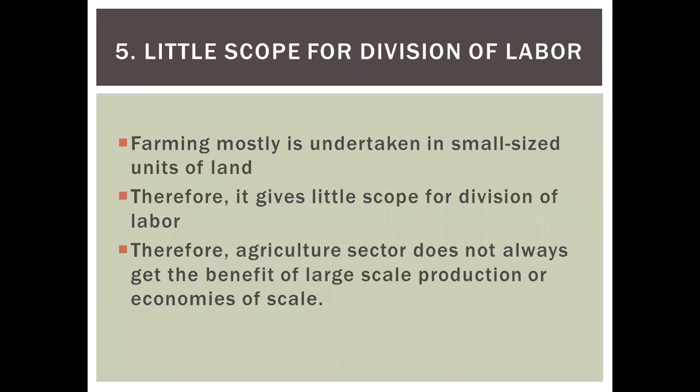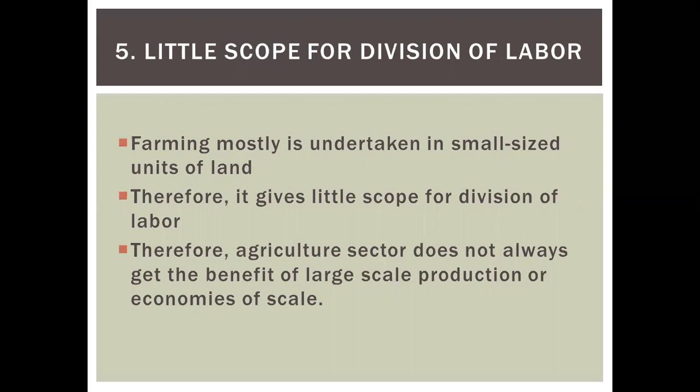The fifth important point is that in the agriculture sector, there is little scope for division of labor, because you know that division of labor is very important in the industrial sector. Specialization makes the industrial sector able to produce commodities on a large scale, and also enjoy the benefit of economies of scale. These things become possible only if you adopt a policy of division of labor.